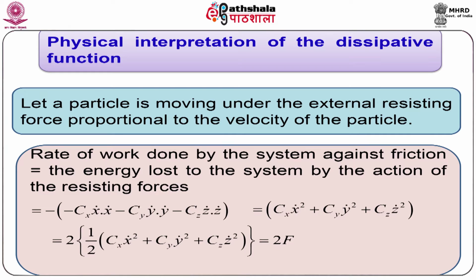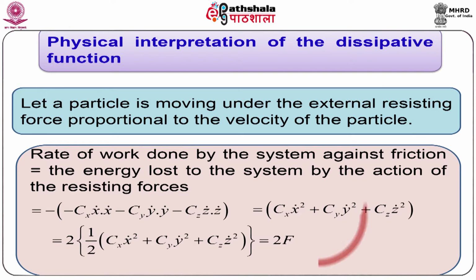We are considering rate of work done, so we get x dot. Rate means we are taking the time derivative with respect to t. This result can be combined as Cx into x dot square plus Cy into y dot square plus Cz into z dot square. Here x dot means dx dt.